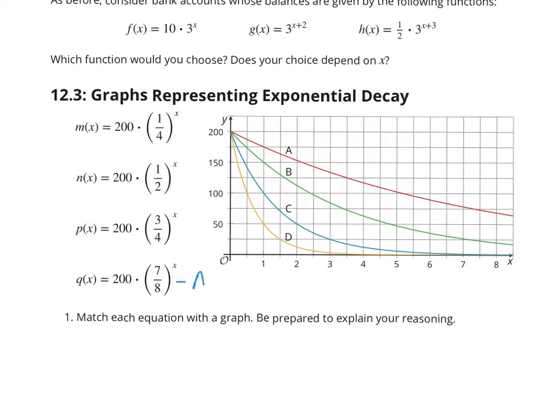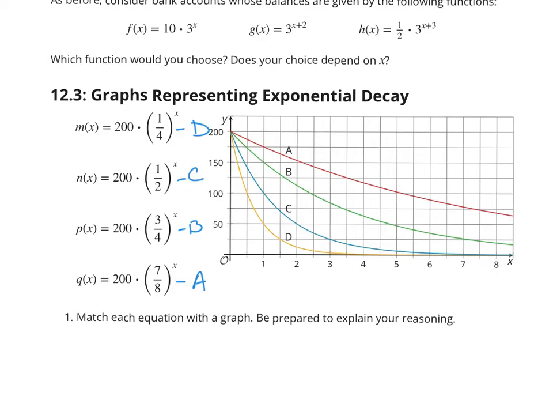So that would be Q of X would go with A. B is next, so we look at the next biggest fraction, which is going to give me my P of X. Then we have C, which would go with the N of X, which has 1/2. And then finally, D would go with M of X, because that one is 1/4. So we can see that year to year, M of X has the most amount of decay because it has the least amount remaining each year.